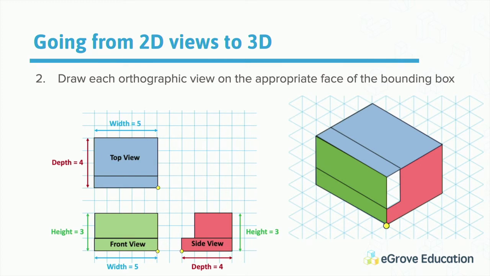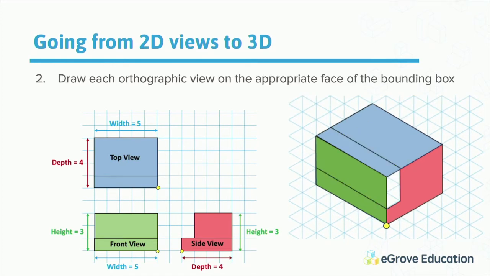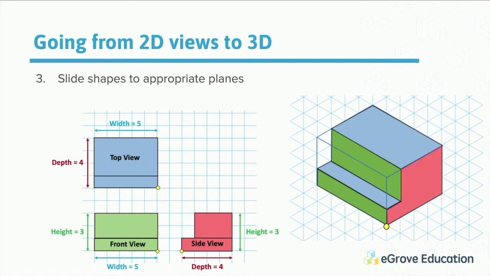Now we have to cut out things to make sure we get what the final view looks like. Because there's a white box, we don't have any shape there, so we can eliminate that. We can see that the front view and the top view had solid lines across them, indicating there was a change in elevation.